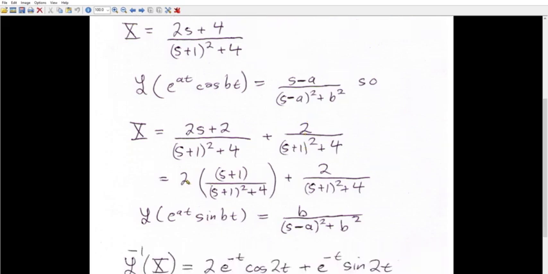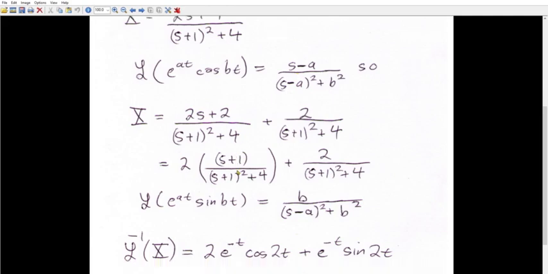Now that allows us to factor a 2 out, and we do have something that looks just like the Laplace transform of e^(at) cos(bt). And what's left over is this term, which looks remarkably like the Laplace transform of e^(at) sin(bt). In fact, it matches exactly here. b is 2, and this is exactly that.